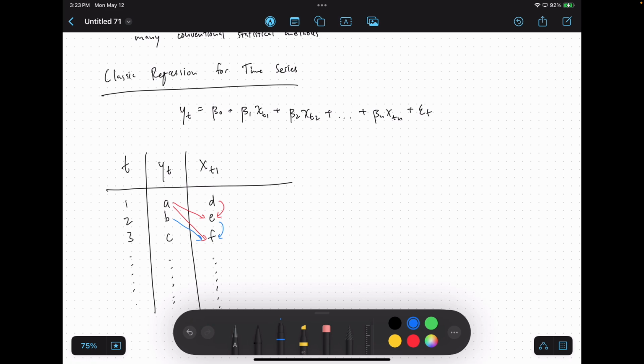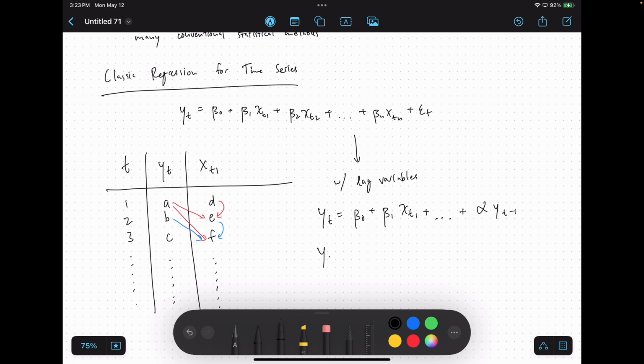And so we can represent this in the model with what are known as lag variables. This might be something like y t is equal to beta 0 plus beta 1 x t1, plus I can simultaneously capture all of those effects by adding in, let's say, alpha y t minus 1, right?